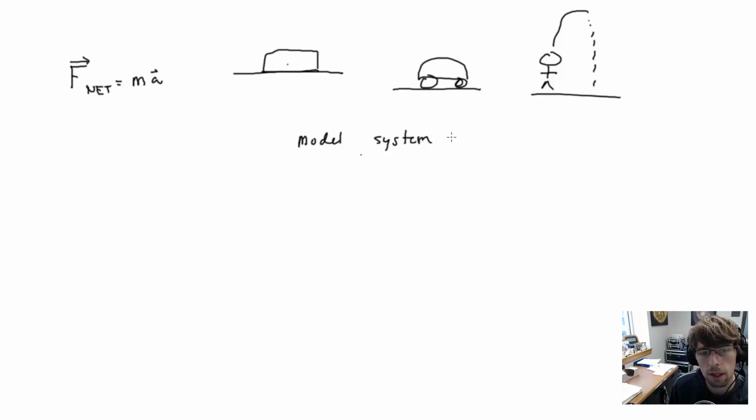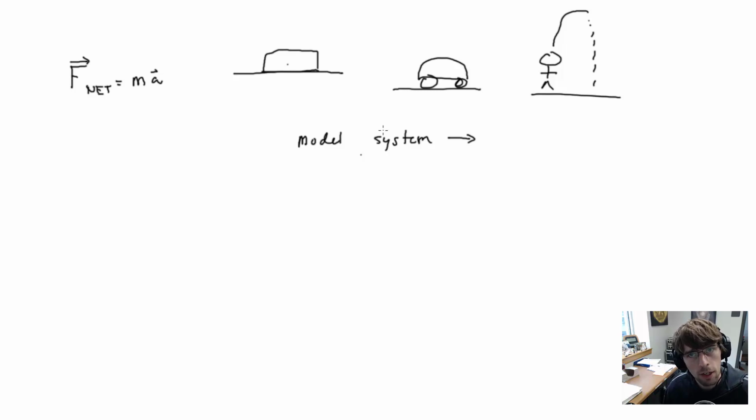what did we actually model it as, conceptually speaking? Or if it helps you, start thinking about how you actually go about solving a Newton's second law problem. You said the system, the surroundings, you drew a diagram, and then you would do what's called a free body diagram to visualize the forces.